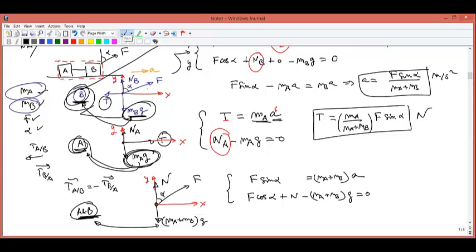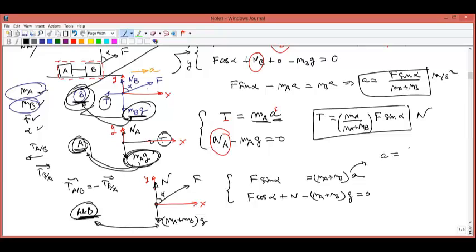Whether you use the first two from B, the next two from A, or you decided to skip object A and do object B and object AB, or skip object B and do system A and system AB, you will get the same answer. That's the beauty of picking your system. The only problem with this particular part 3 is that choosing system A and B is nice for you to get A. Very easy, right?